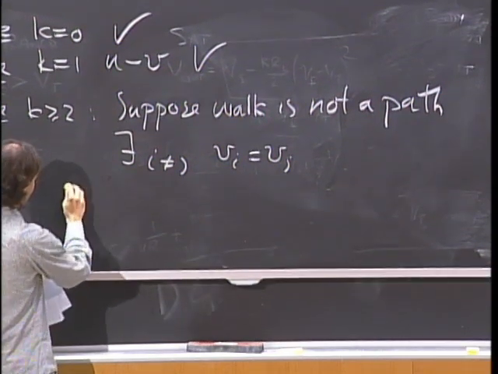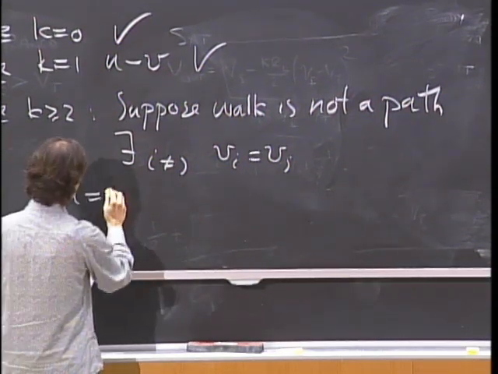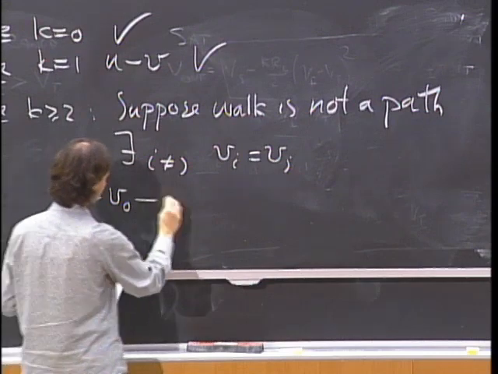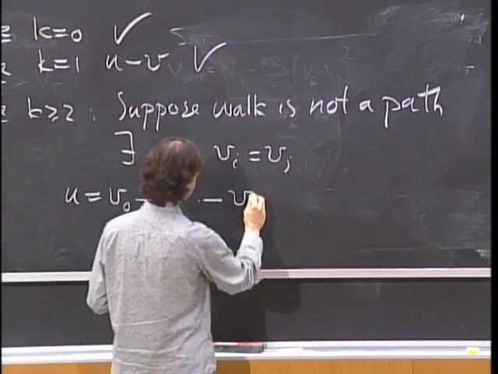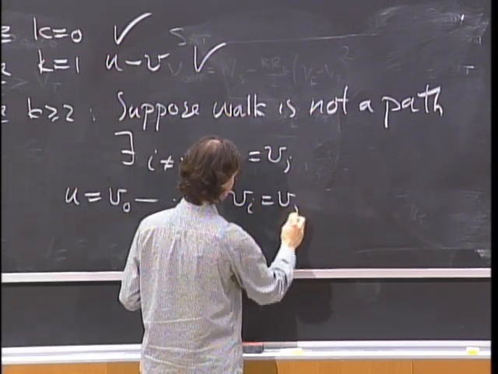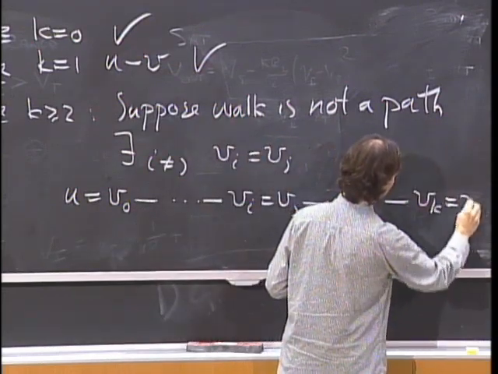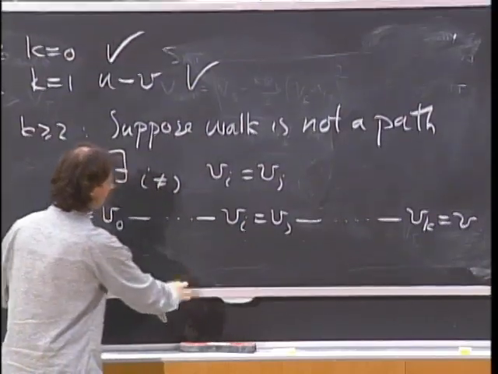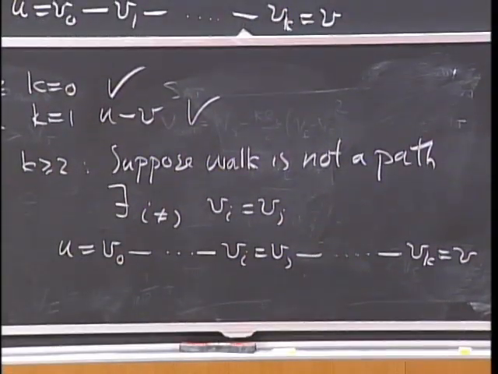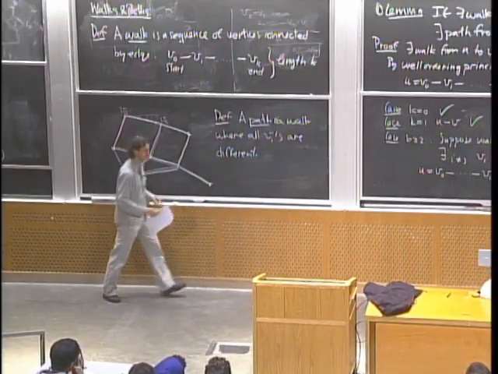But now we have a walk that goes from v0 all the way to, say, vi, which is equal to vj, and then we go all the way up to vk, which is equal to v. So essentially, we have created a shorter walk. We have taken out this little triangle over here.